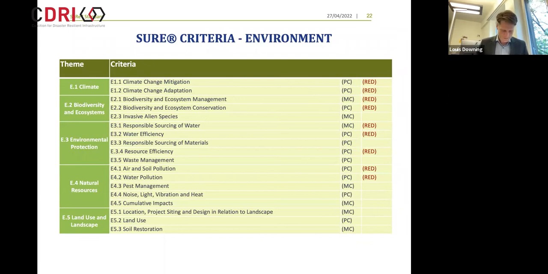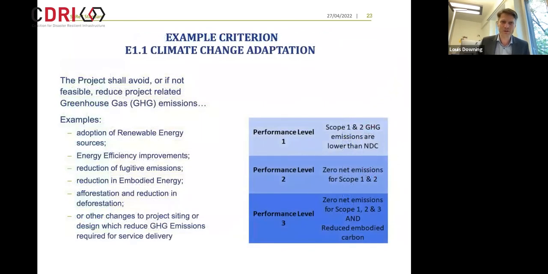We had three criteria that through the poll people said were of most interest or importance. So let's just have a deeper look then at climate change adaptation. So the actual criterion is a little more detailed than this, but this is just a summary. So the project shall avoid, or if not feasible, reduce project-related greenhouse gas emissions.